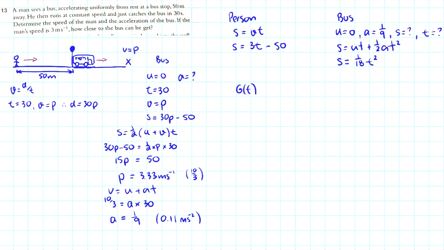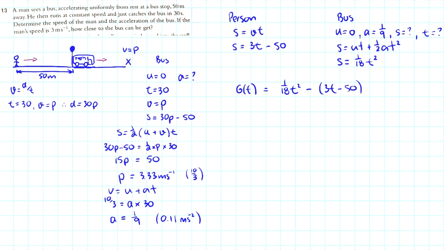Our gap function is going to be the position of the bus, 1 on 18 t squared, minus the position of the person, 3t minus 50. That tells me the gap, the distance between the bus and the person.